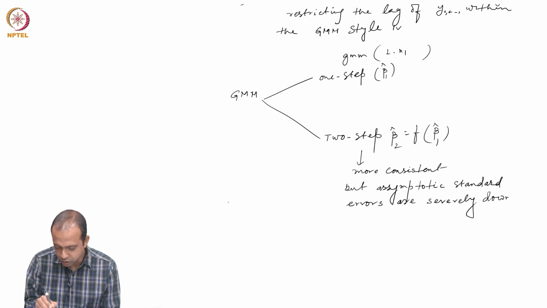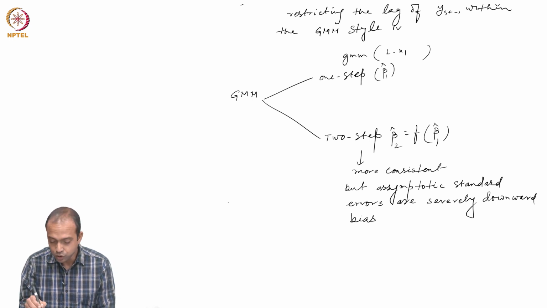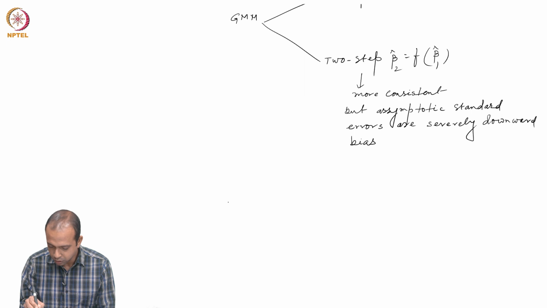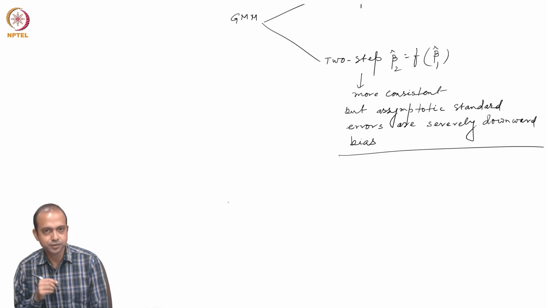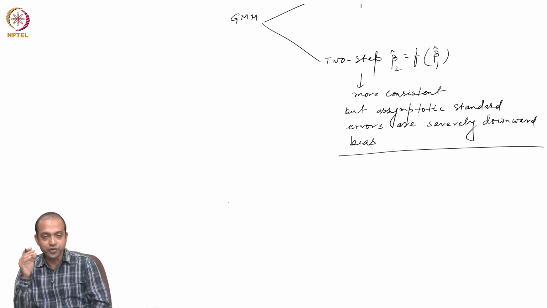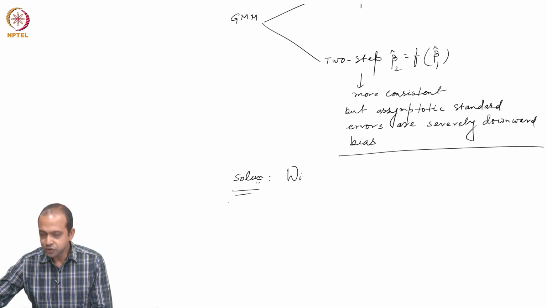The solution is we need to go for the Windmeijer 2005 correction that we have discussed. It corrects the standard error. Otherwise, it will fall drastically if we do not apply the Windmeijer correction when using two-step, either difference or system GMM. So, how do you do that Windmeijer correction?